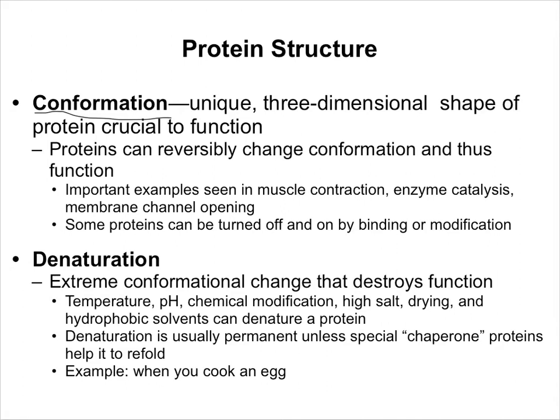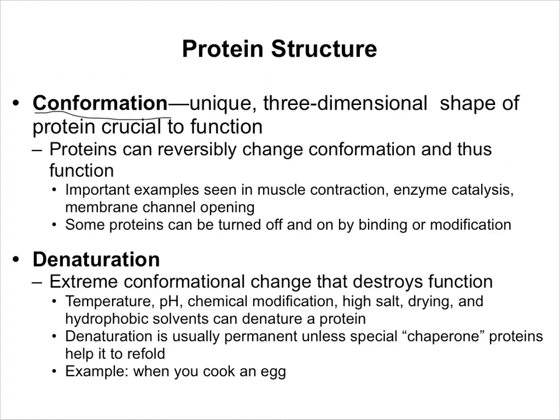And you can force a conformational change through binding them to something or through attaching something to them. And they might change from an active form that actually does something to an inactive form. So you can turn the protein on and off through this conformational change, this shape change.